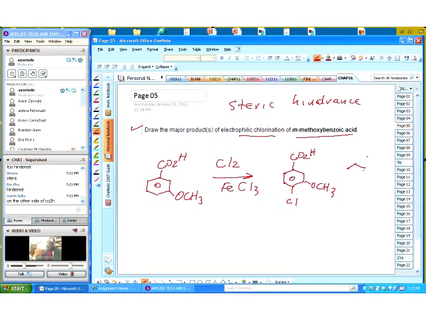The second product will be the chlorine going to the para position relative to the methoxy group. So you have that here, and this is the para position.